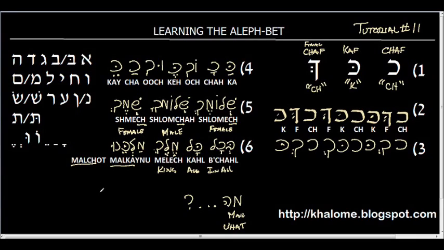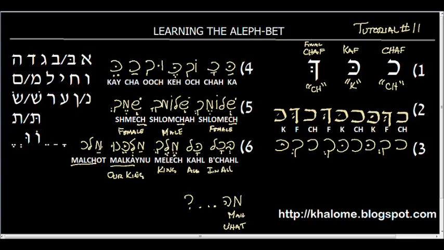If you remember a few lessons back, I sort of introduced this already. When you put this nun and the u vowel marker on the end, that designates our. So this would be our king, malkenu. For malchot, notice that the root word stays the same, except this time it's going to change to the chaf.